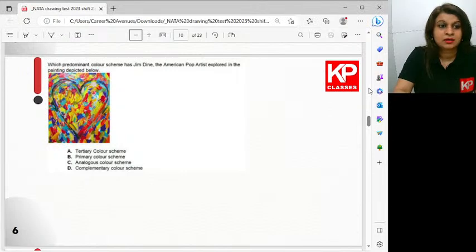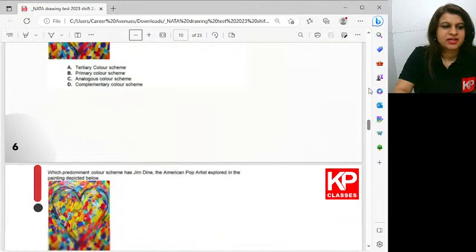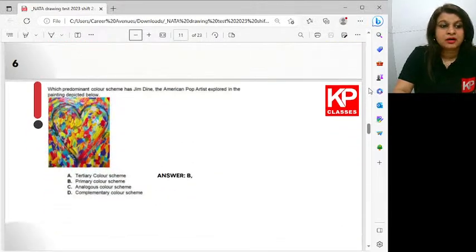You see yellows, reds, blue, right? Yellow, red, blue are the first thing that you are seeing, and a very little dash of, I'm seeing green over there, but that's very, very little. So definitely, the answer is primary color scheme.